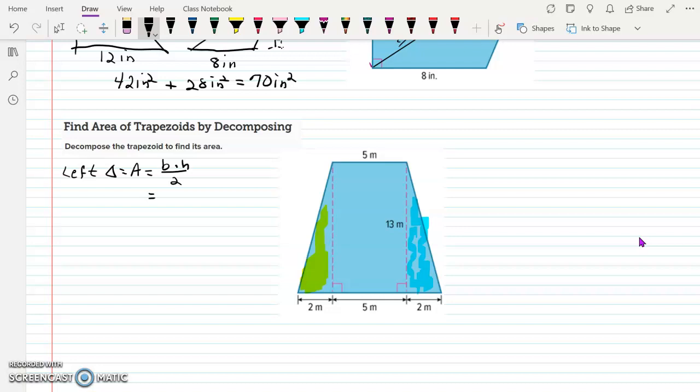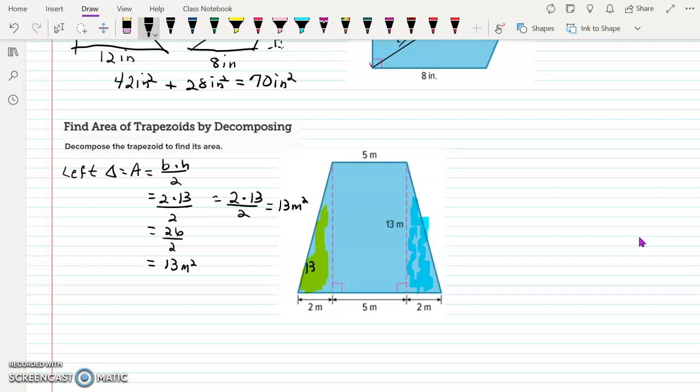Here I see that the base is 2 and the height is 13. And then I would divide that by 2. So I've got 26 divided by 2, or 13 meters squared. When I look at my second triangle, I realize it's the exact same size as the other one. So this one is also going to be 2 times 13 divided by 2, or 13 meters squared.